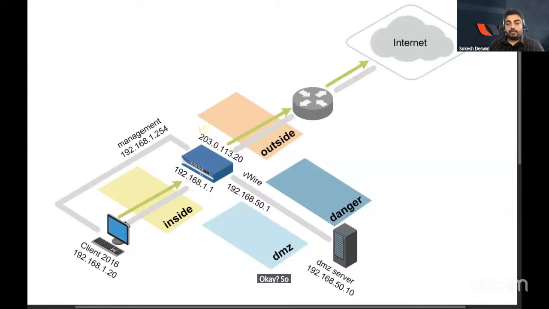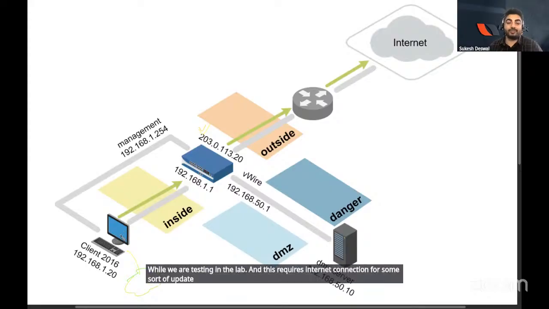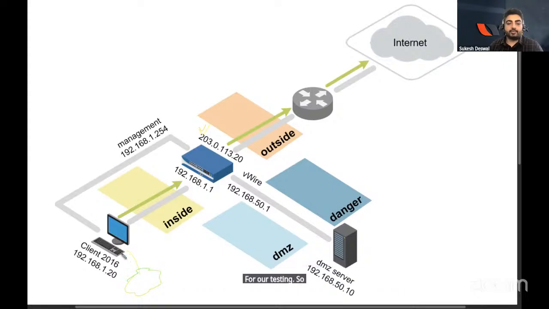So this PC here in our lab, the only difference is this also has a leg into the internet. And why is that? Just in case we are blocked on the firewall for internet traffic while we are testing in the lab, and this requires an internet connection for some sort of update, or let's say we have to download some software on it for our testing. So I keep a backdoor kind of here for our access, right?